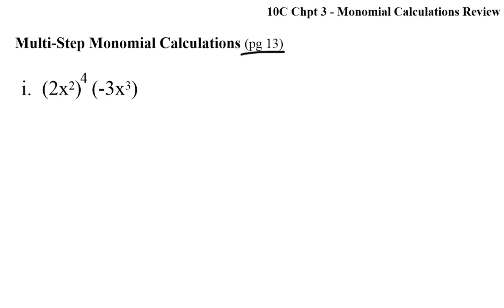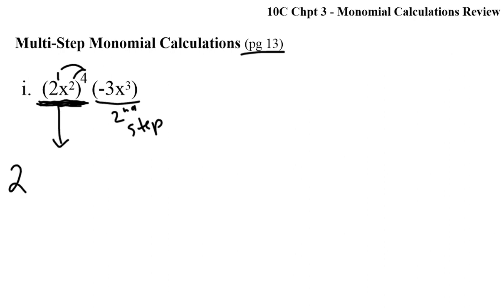Here, again, page 13, question I. This one's a little unique because we have a power of a power. I suggest you always look to do power of a power first. We then have to multiply as a second step. So if I do this power of a power first, remember, every exponent in the brackets has to multiply by that 4.